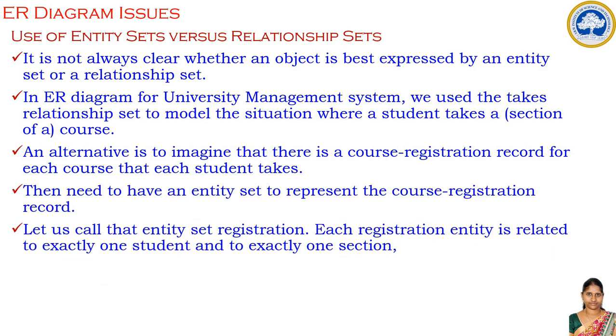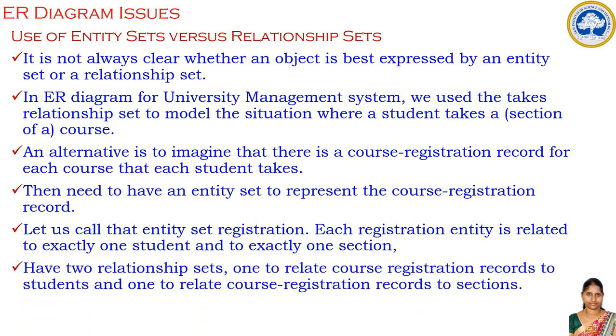Then we have to maintain an entity set to represent the course registration record, and the registration entity set is related to exactly one student and exactly one section. So now there are two relationship sets: one relating the course registration record to the student and one relating the course registration record to the section.